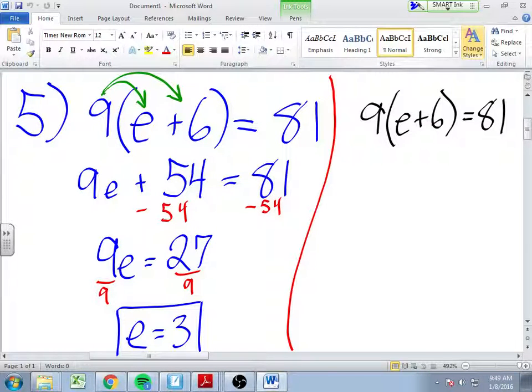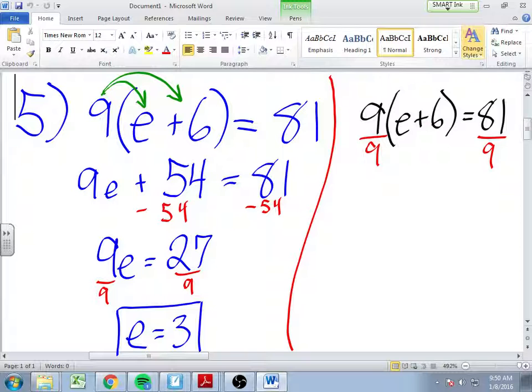Now, here's the other option that some people think is a lot easier. Instead of distributing, say, well, that's multiplication. I could not do that. I could undo it. Hey, don't pack up yet. I need your attention up here. This class lasts a couple minutes longer than it does on normal days. So I could divide by 9 first, and watch what happens.